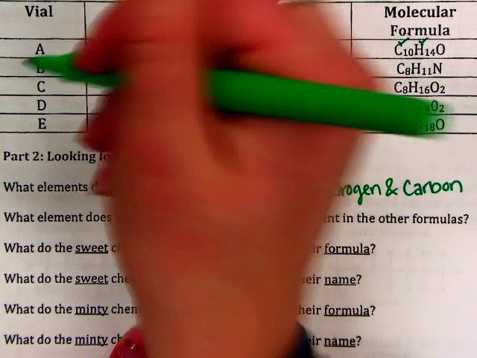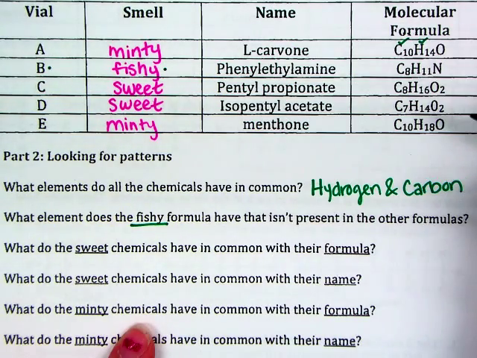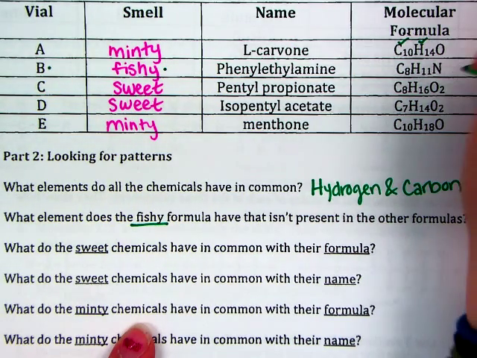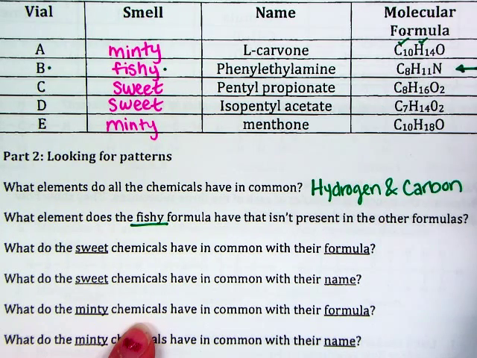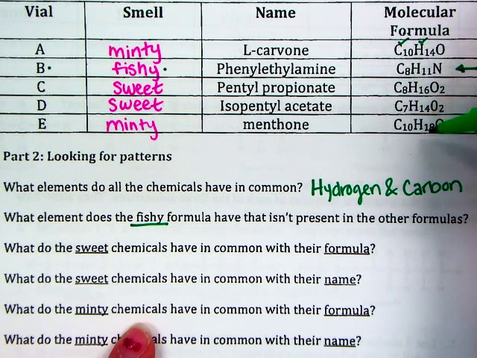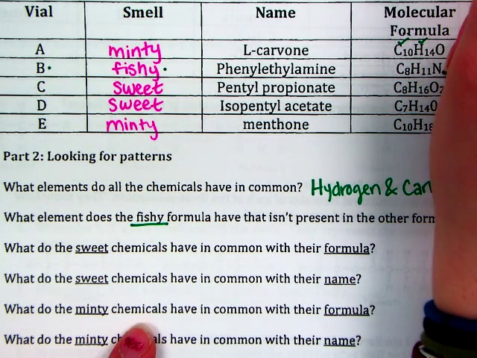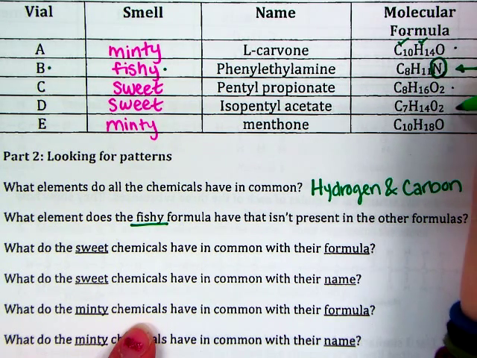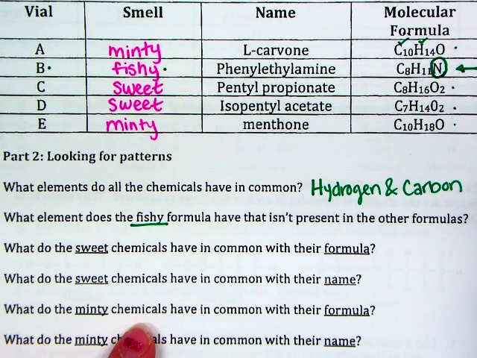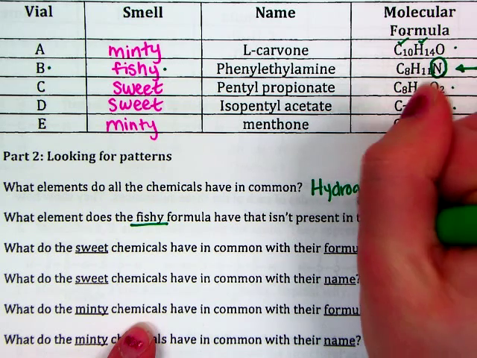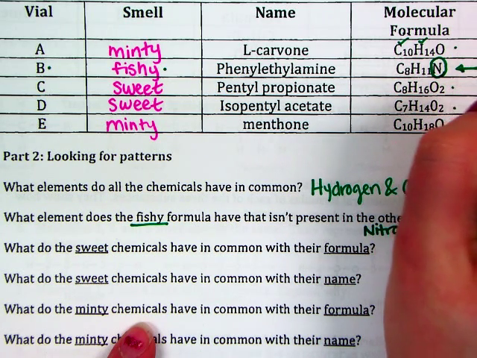Vial B was the fishy formula chemical. All of the chemicals have carbon and hydrogen, and our fishy chemical formula also has a nitrogen. No other formula has nitrogen in it, meaning that the element that the fishy formula has that isn't present in the other formulas is nitrogen, or N.